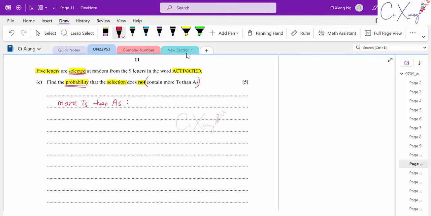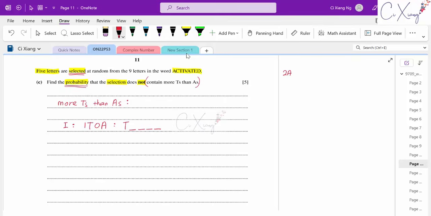So for more T than A, first I will consider case number 1, where I'm having 1T, 0A. This is a case where I have more T than A. If I have 1T, 0A, that means I have 1T and no A. When there's no A, the remaining 4 letters will be from the other letters.